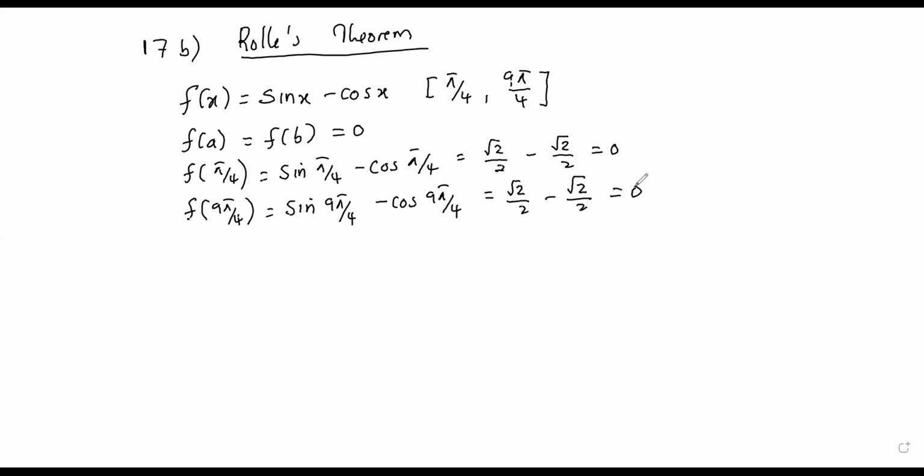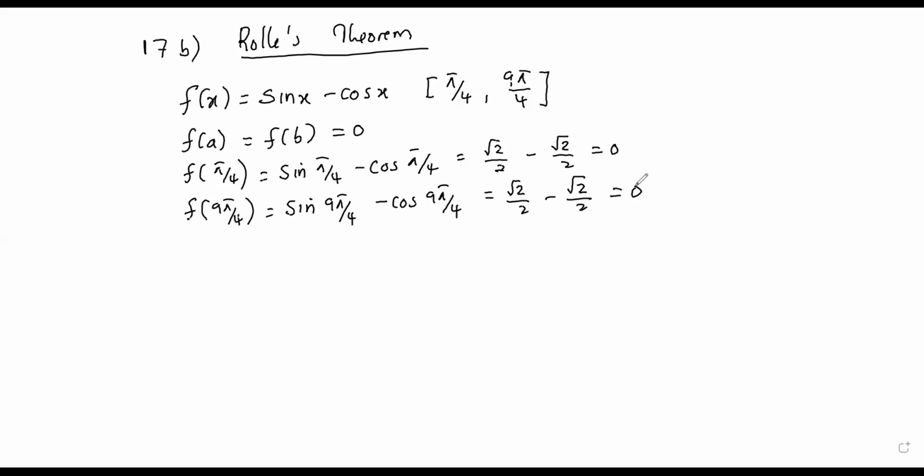If you're not good at these angles, you can try to convert into degrees. Maybe you understand degrees well. So this will be 9 times 180 divided by 4, which is 405.